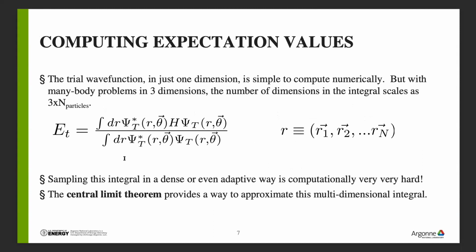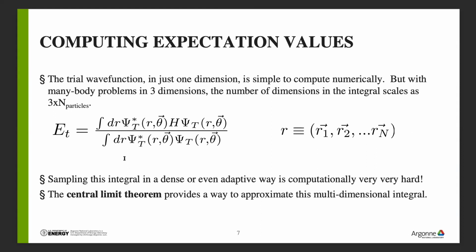Unfortunately, in many-body physics, doing an expectation value with some sort of variational state gets exponentially hard. So you have to do these integrals in 3D per particle. So that's 3 integrands times the number of particles you have. It quickly becomes infeasible to do this directly or with some sort of numerical integration.